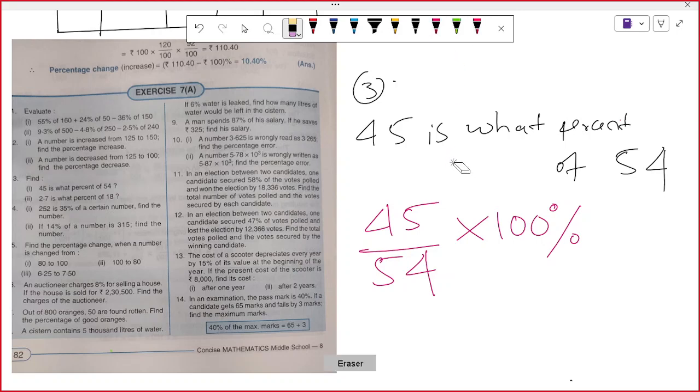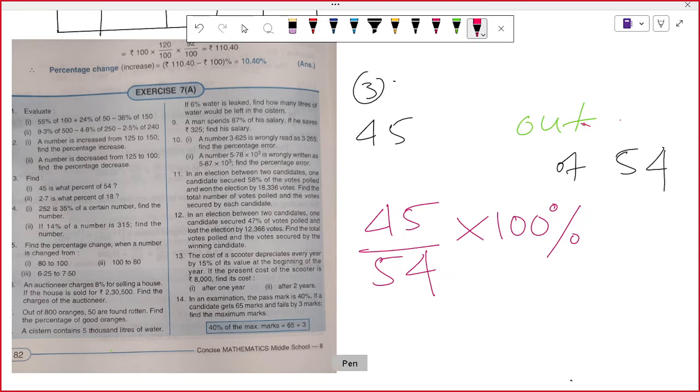This is nothing but, look here, "is what percent" is, let me erase this, "is out of". Can you read this? 45 out of 54. Can you see this?